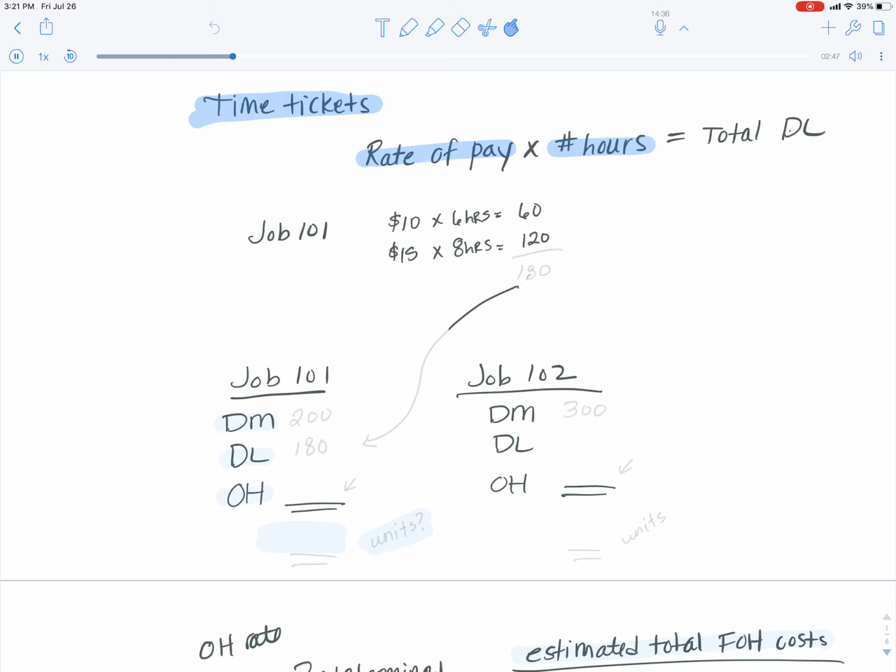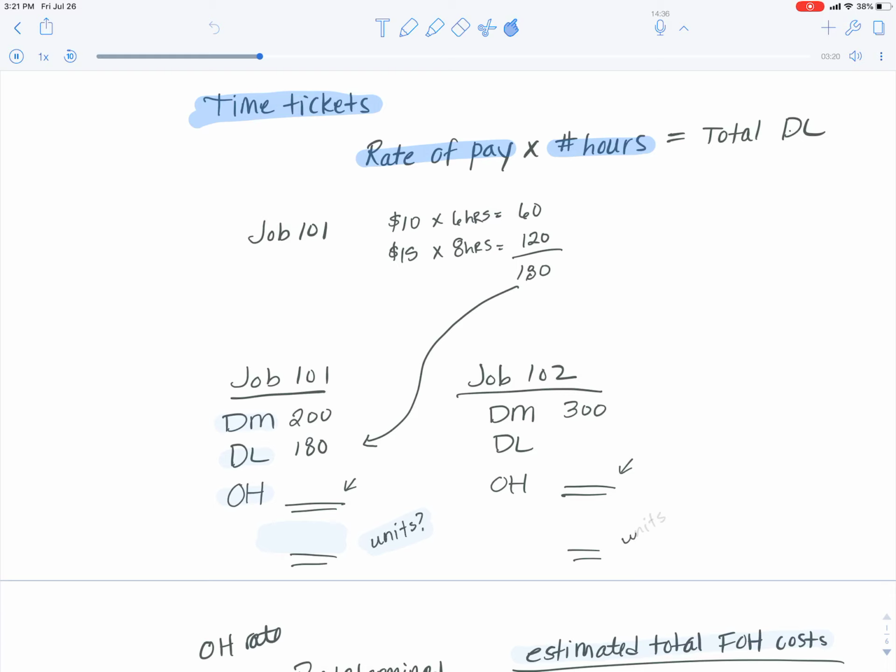And for each job, let's say we have materials of 200 and 300, and then we would assign, okay, now we know how much the labor cost, so we'll add that to job 101. And then we'll figure out the overhead, which I'll discuss in a minute, a calculation to do that, and then we'll total up how much each job cost and how many units each job made.